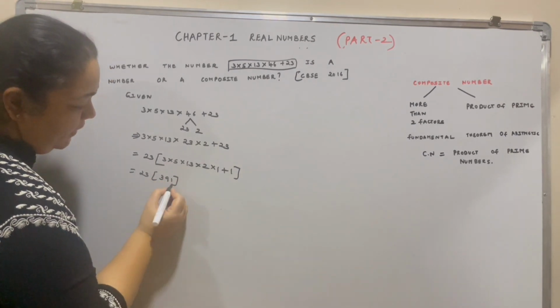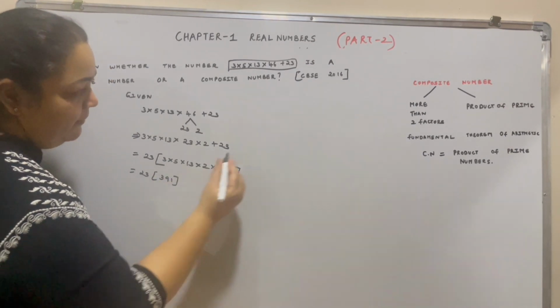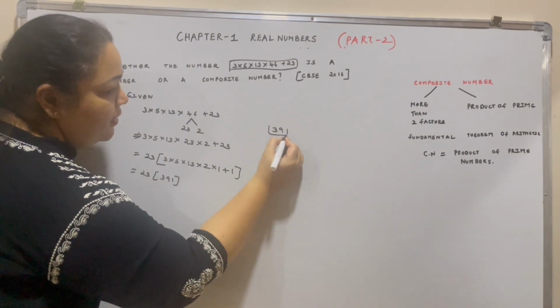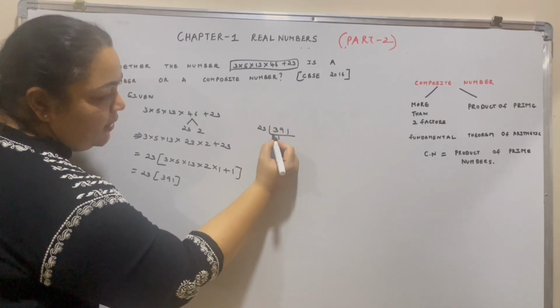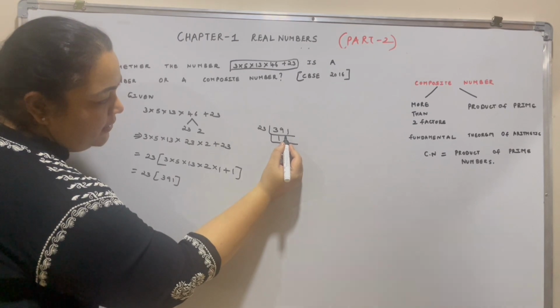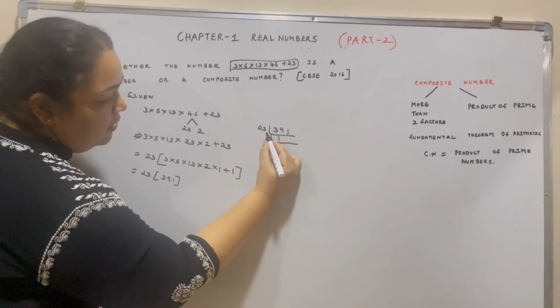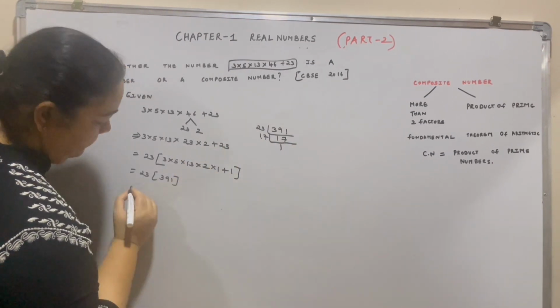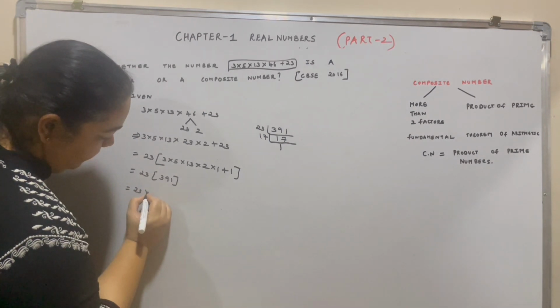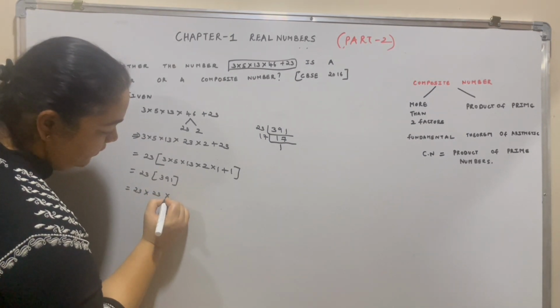Now we can find the prime factorization of 391. It will go by 23. 23 ones are 23, so remainder 16, so 161. 23 7s are 161. 17 ones are 17, it is itself a prime number. So we split this as 23 into 23 into 17.